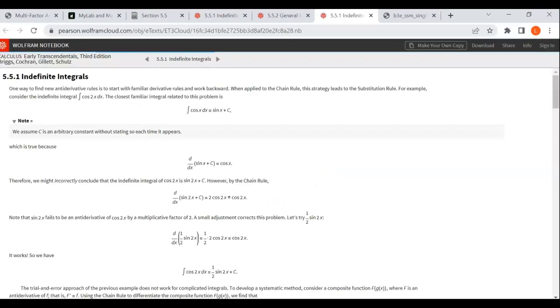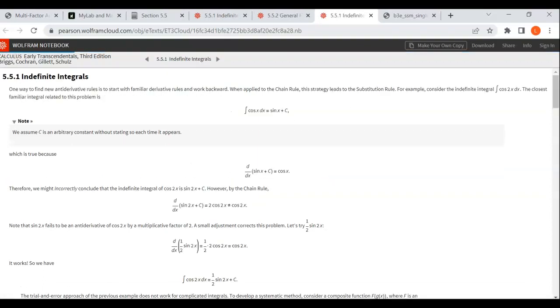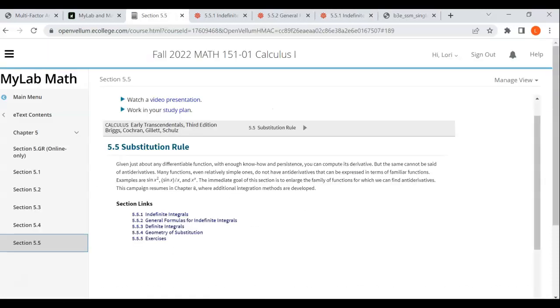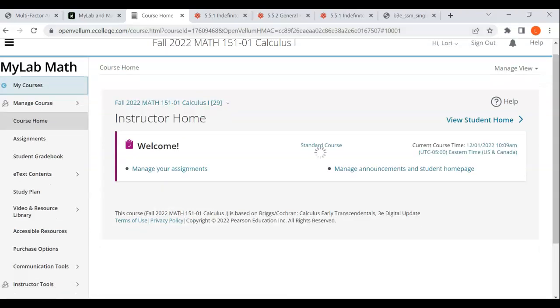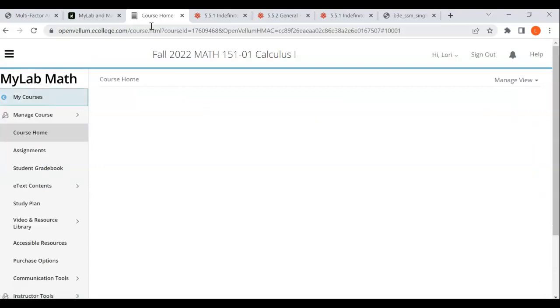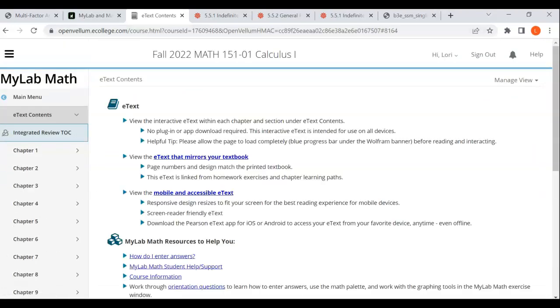There's a way for the textbook, has anybody done this? The textbook, so to mimic your actual textbook. So it'll come up here with page numbers. Like I said, I know it, and then I get up in front of the classroom and I forget where it is. Yeah. Hold on. EText contents, manage view.